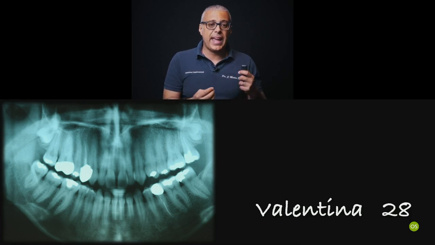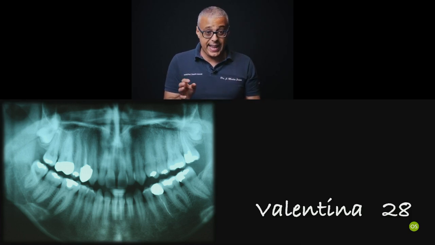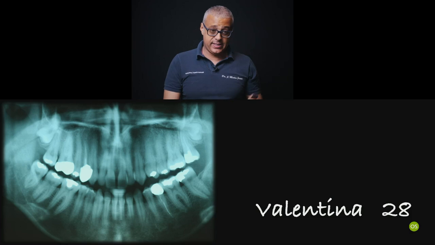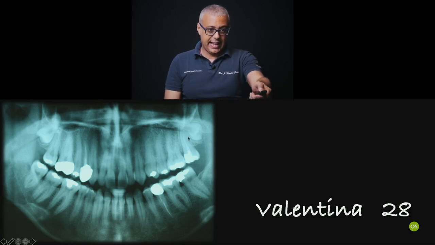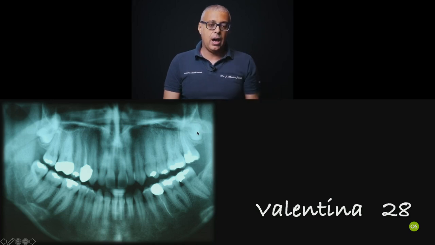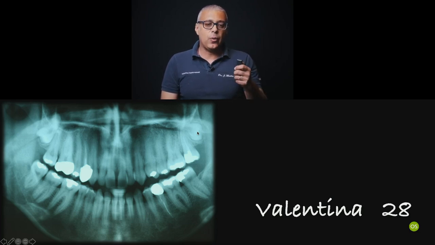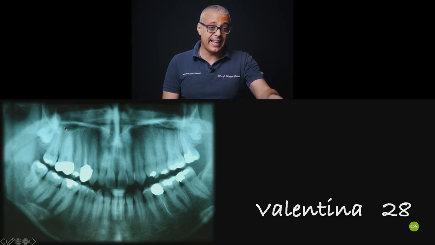This is Valentina, and we are extracting tooth 28. This tooth is disto-angulated, and we see it by looking at the vertical aspect of the second molar and at the direction of the third upper molar. We see that we don't actually see the roots, whereas we see them better in 1.8.